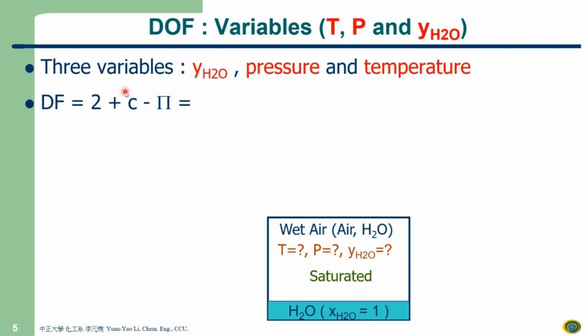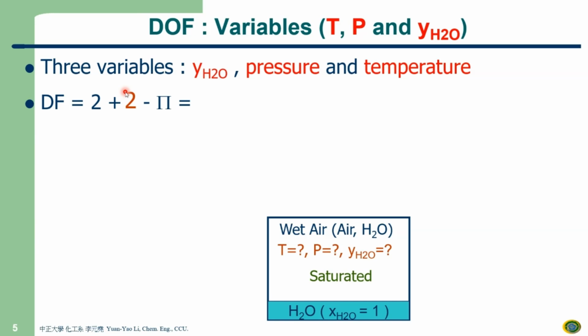2, right? Why? Air and water. You might say, Professor, no, 3. Why 3? Because oxygen, nitrogen, and water, right? No, because we are talking about independent variables. Remember, we talk about independent and dependent equations, dependent and independent variables.